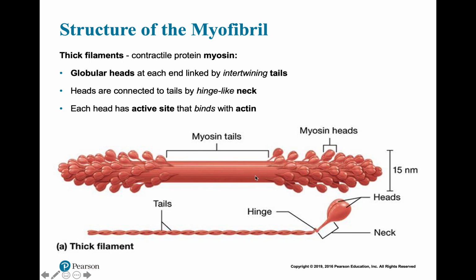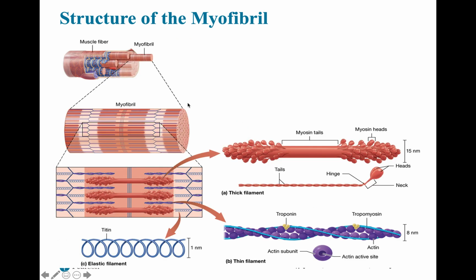All right, so I've already talked a lot about this. Yes, so these globular heads, remember, will bind to the active site on actin. And then the way that they're angled, you can envision that they're going to act like a hinge. And when muscle contraction happens, these heads actually pivot inward towards this middle M line, pivot in and slide this actin in towards the center.